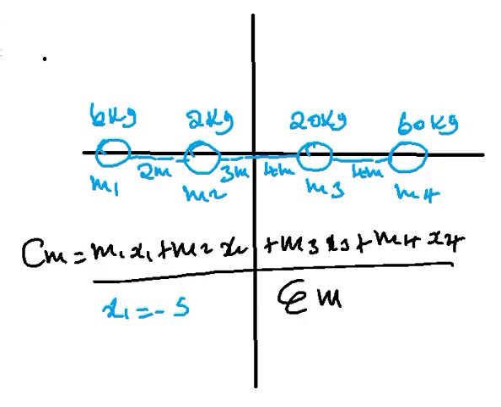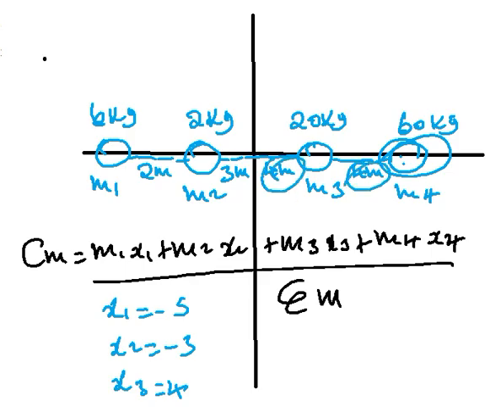From the origin, its position is -3. And how about the position of mass 3? Its position has to be given as +4. And likewise, mass 4 is about 8 meters from the origin. So from there you can have the center of mass of the given system.